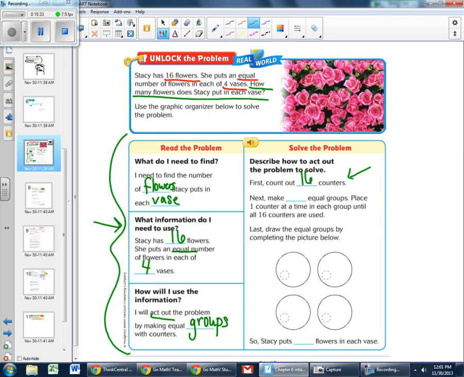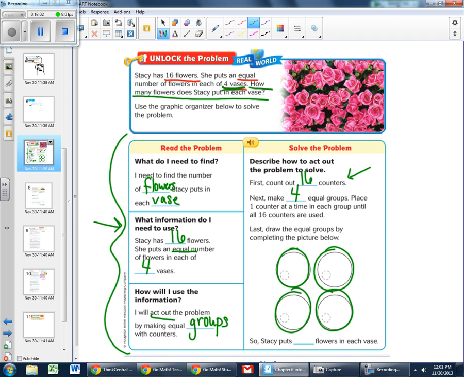I am going to just draw mine because when I go to the computer lab or on some of our other programs or during testing, I probably am not going to have those counters to use. But I will always have scratch paper or a whiteboard that I can use. So I'm going to just draw mine. Now we need 4 groups because she has 4 vases. So to start with, I would draw my 4 vases.